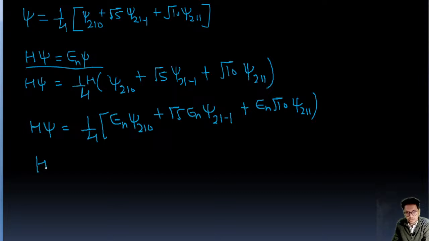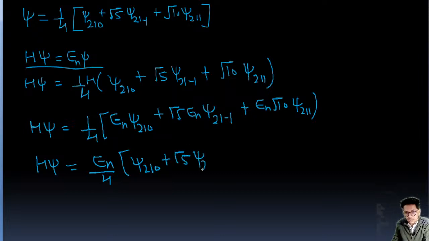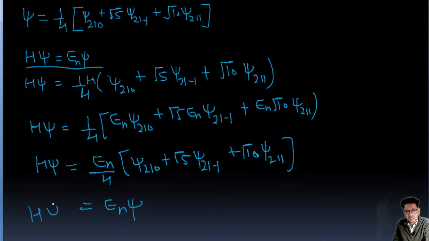So it is going to be psi equal to En by 4 psi 210 plus root 5 psi 21 minus 1 plus root 10 psi 211. Okay, so this is like En psi. So H psi equal to En psi, and E depends only on n.